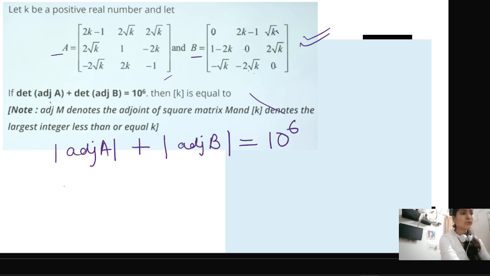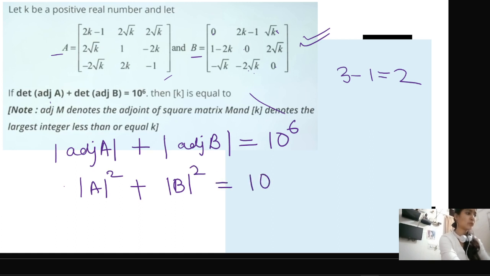Okay. So we know that determinant of adjoint of A is equal to determinant of A power n minus 1. So this is the 3 cross 3 matrix, so 3 minus 1 will become 2. Okay. So we can write 2 here plus determinant of B to the power 2 is equal to 10 to the power 6.